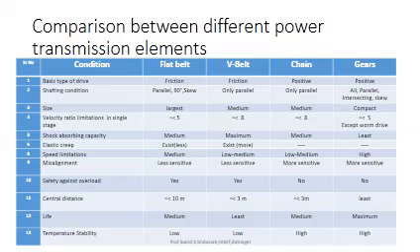Then safety against overload is present in the case of flat belt and V belt. In the case of chains and gears, it won't be present. What I mean to say is, suppose your system is designed for 5 kilowatts and you are transmitting power up to 8 kilowatts. Then what happens? The frictional force between the belt and the pulley won't transmit that much power.